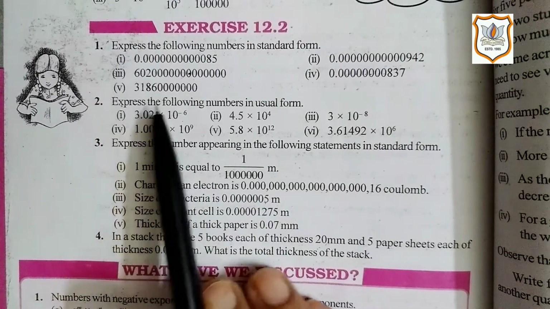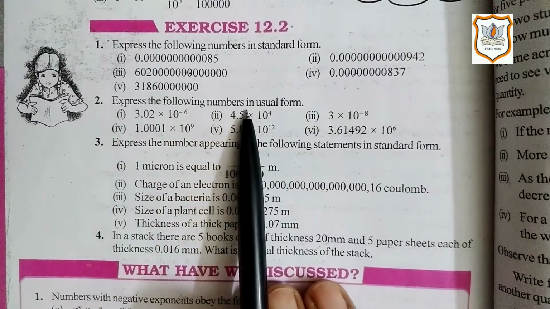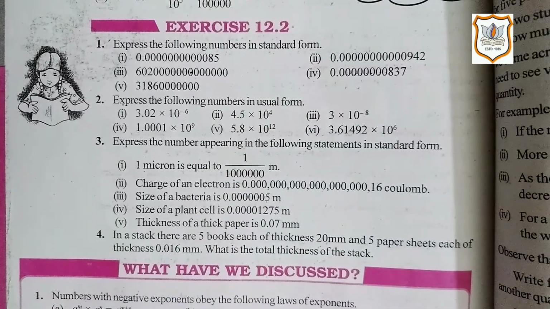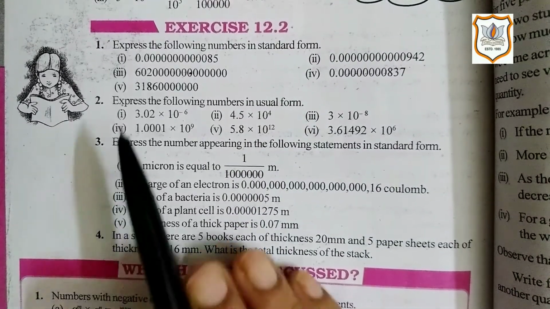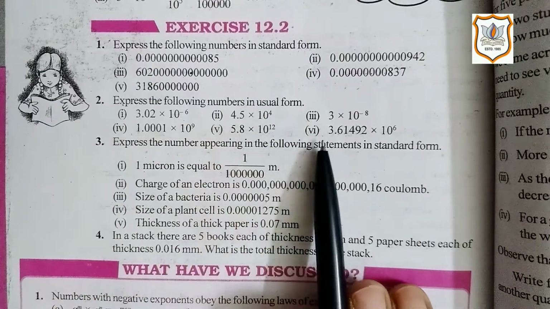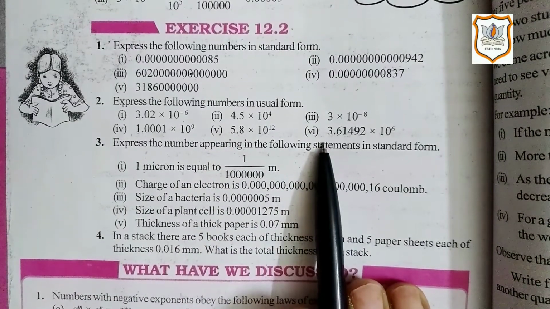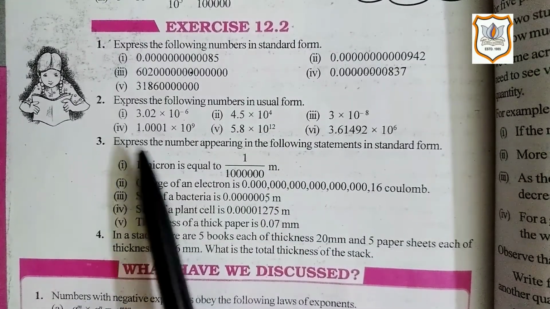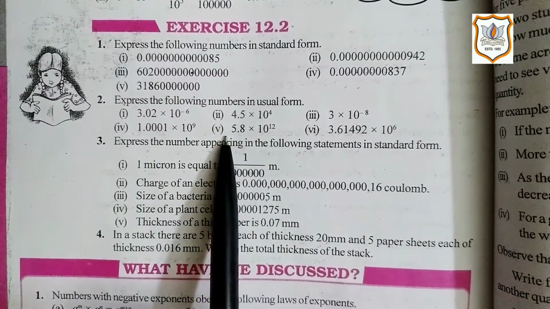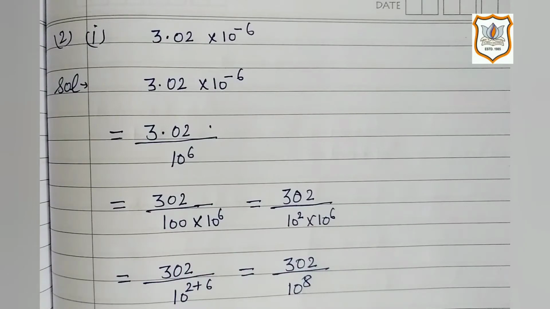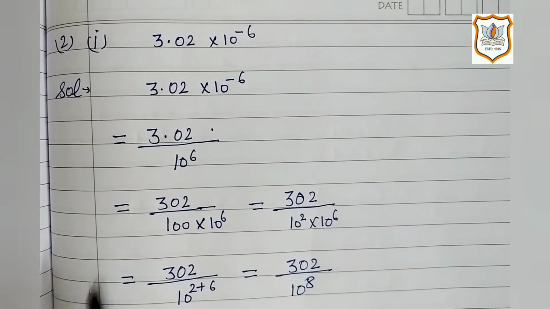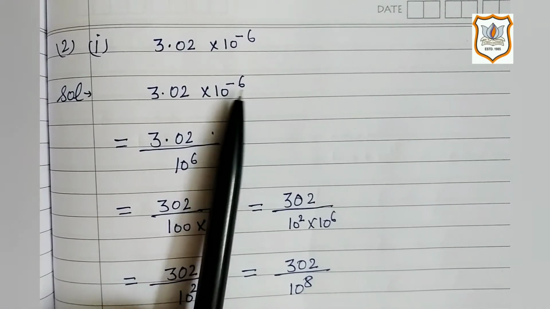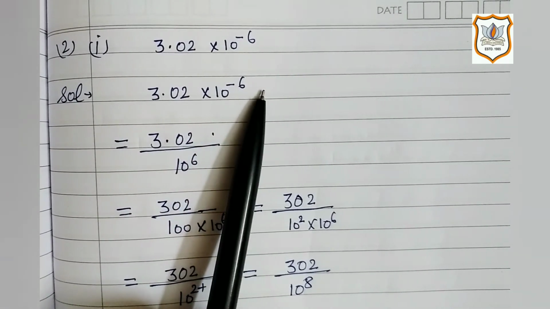Second question, express the following numbers in usual form. Students, I will solve the first, second and sixth part. You have to do the third, fourth and fifth part by yourself. Solution of first part. 3.02 multiplied by 10 raised to power minus 6.